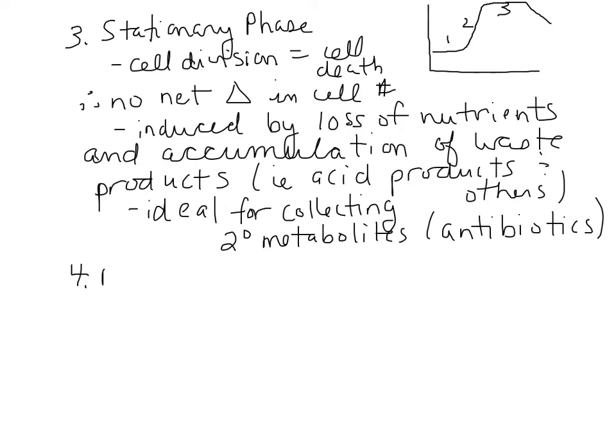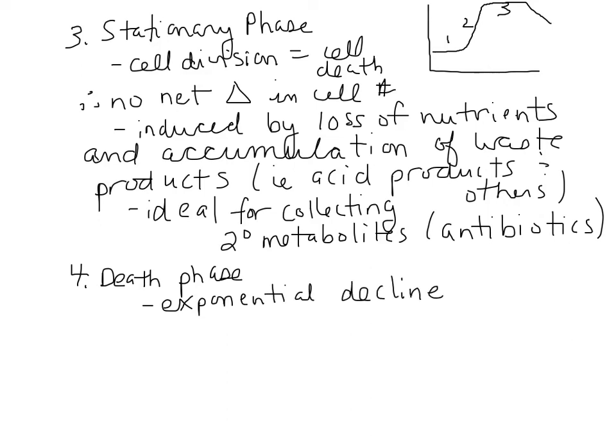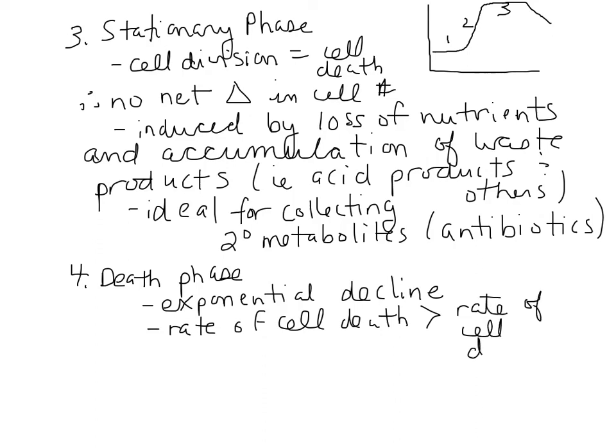Lastly, we have death phase. Okay, and the math of death phase is exponential. It's an exponential decline in cell number. Okay, and what's happening here is the rate of cell death is greater than the rate of cell division.